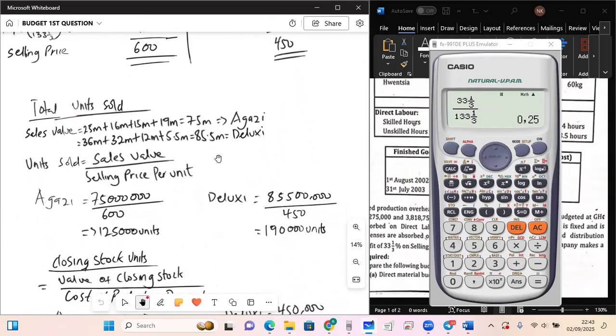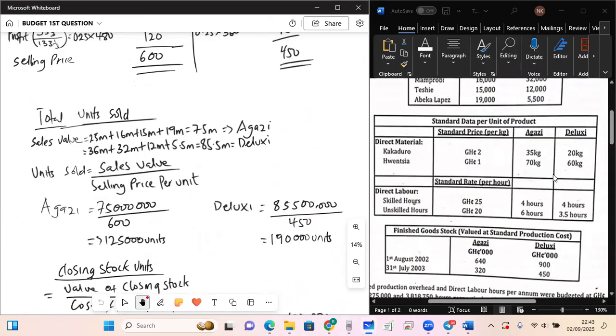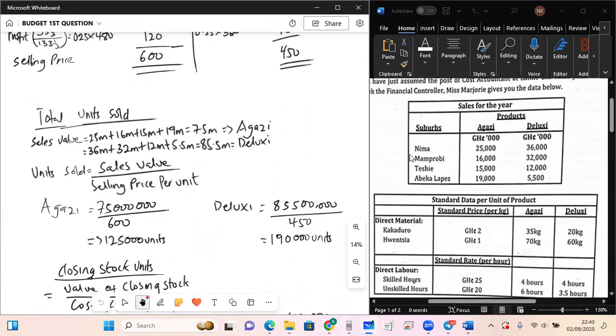So to find the total number of units that were sold, we look at the sales for the year. The sales for the year here, we're having 25. Remember, there's three zeros at the top here already, and we are still having 25,000 here.